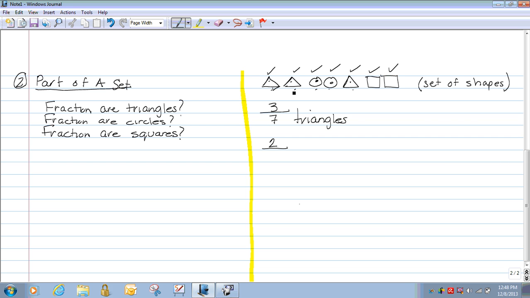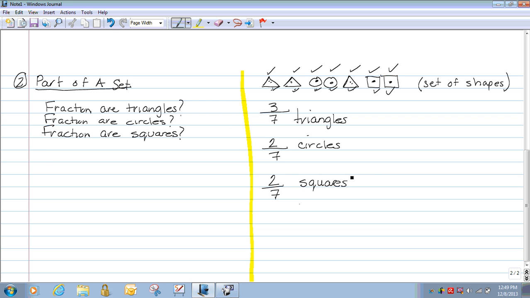And I still have 7 total shapes, so that is 2/7 circles. The fraction of squares, I count my squares. That's 1, 2 squares, so 2 again goes in the numerator, and I still have 7 shapes. So the fraction of squares is the same as circles, 2/7 are squares.